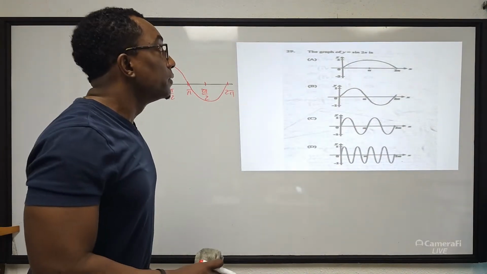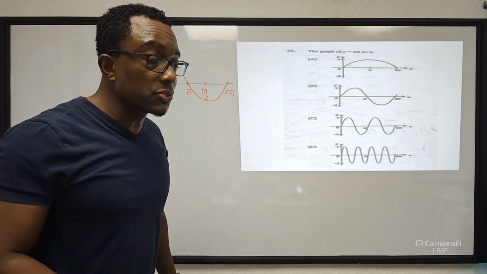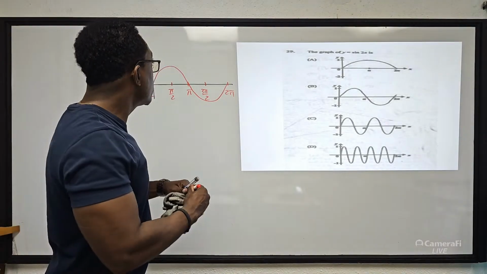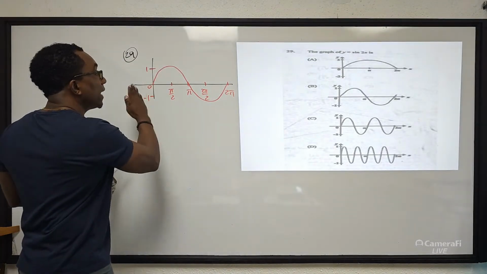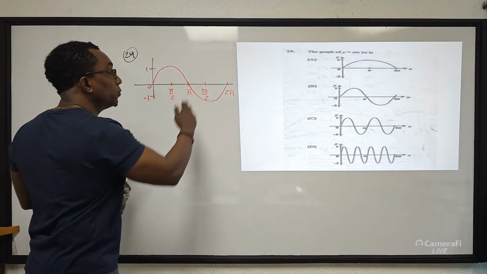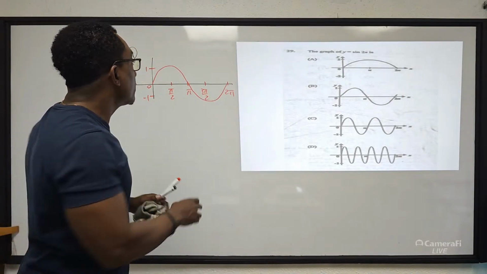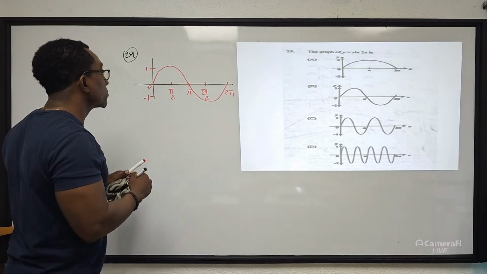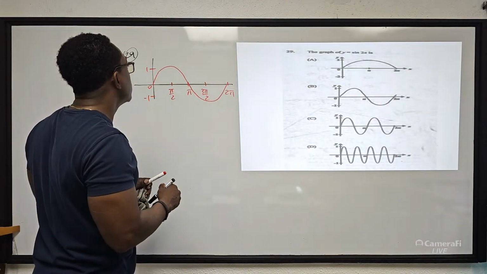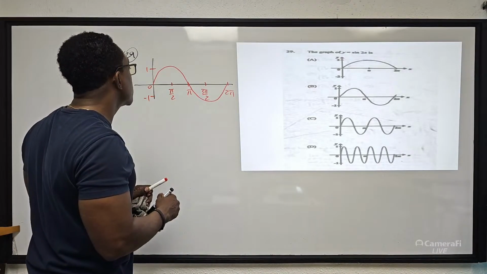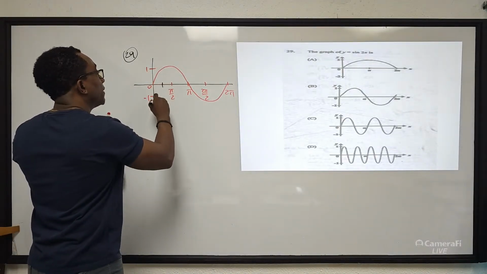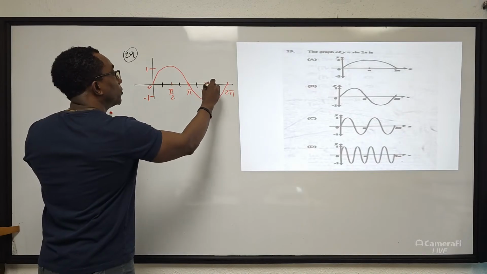But you don't want y equal to sine x. You want y equal to sine 2x. Which means you must see two sine curves within this period. Right now this is one sine curve. Sine 2x means you must see two sine curves. How am I going to see two sine curves within my period? So this is what I'm going to do. I'm just going to divide that into 2, 2, 2, 2.